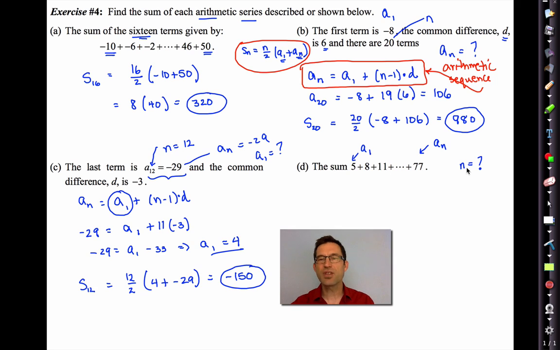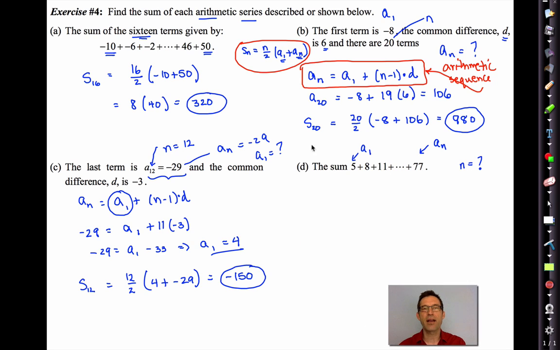Ugh. And each time we keep going back to this formula. Because this formula really is what relates the first term, the last term, the common difference, and the number of terms. This one's going to be a little more challenging, okay? But I can use it still to find n, right? Because I know the last term's 77. I know the first term's 5.